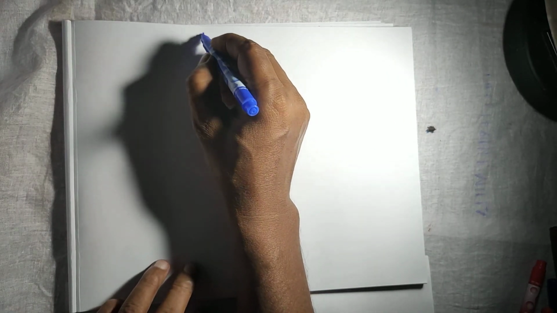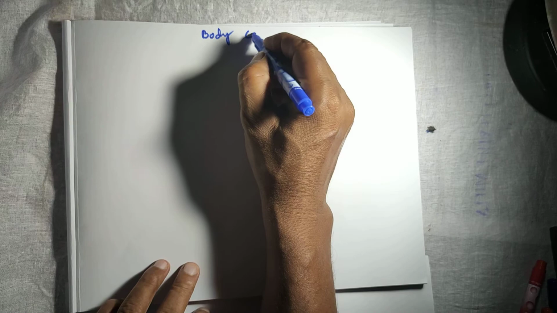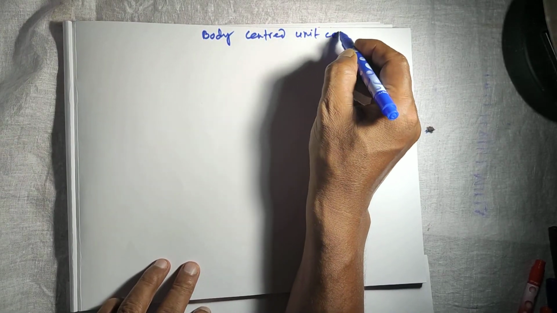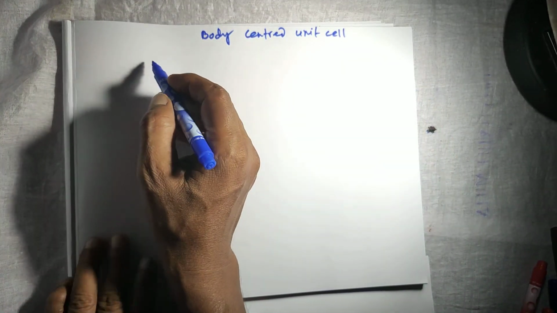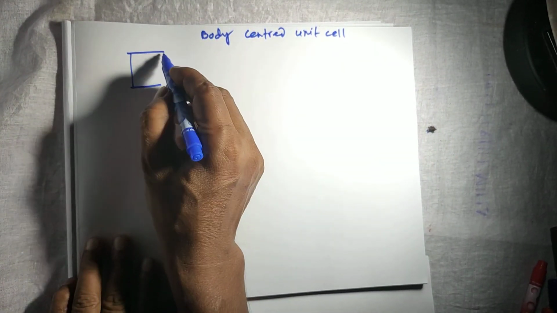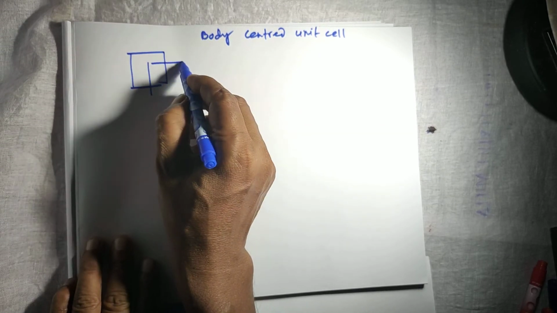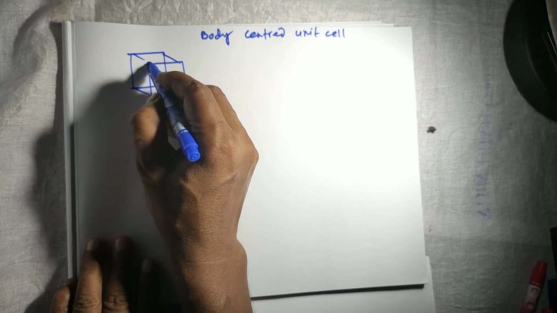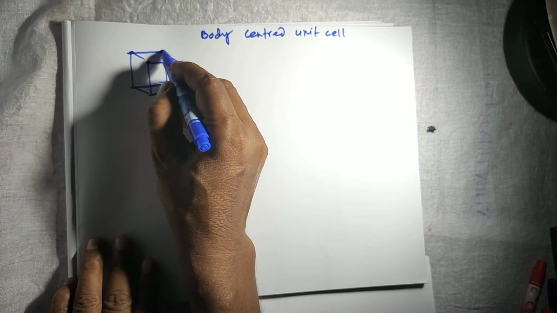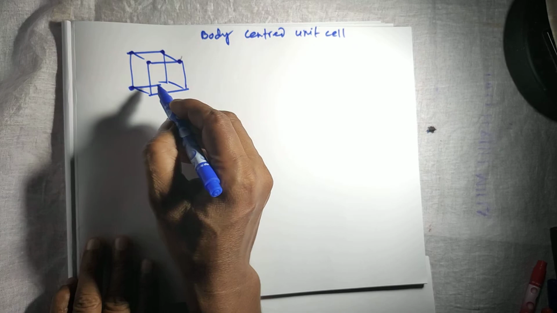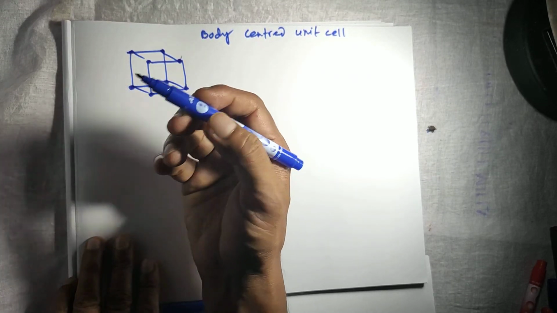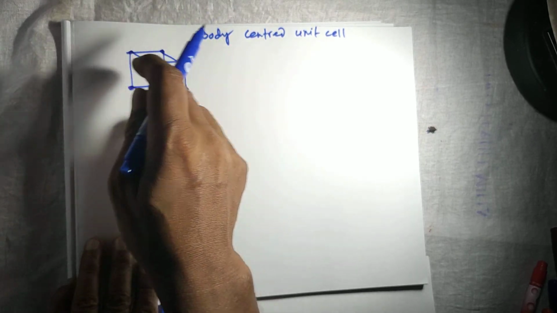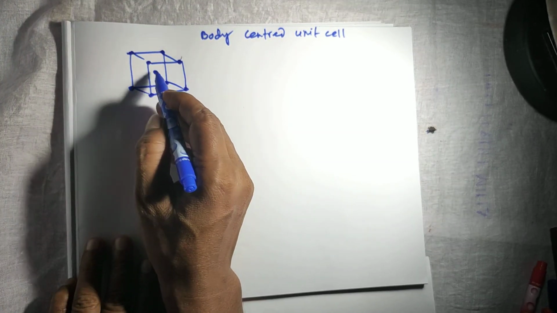So, in case of body-centered unit cell, we know that each corner contains an atom. 8 corners are there, and the center of the unit cell contains 1 atom.